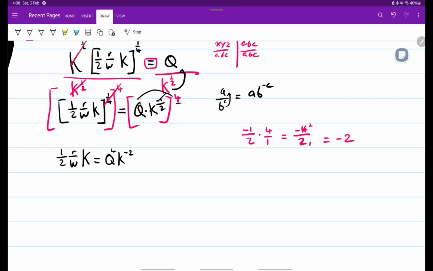And that is because you are isolating k. This k has an exponent. I'm going to deal with that in a bit. I am just going to isolate k first.